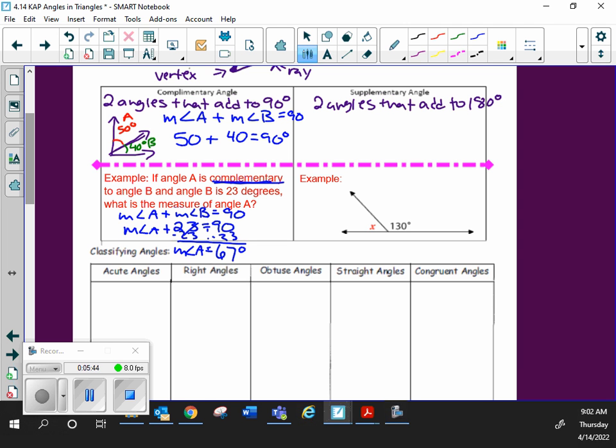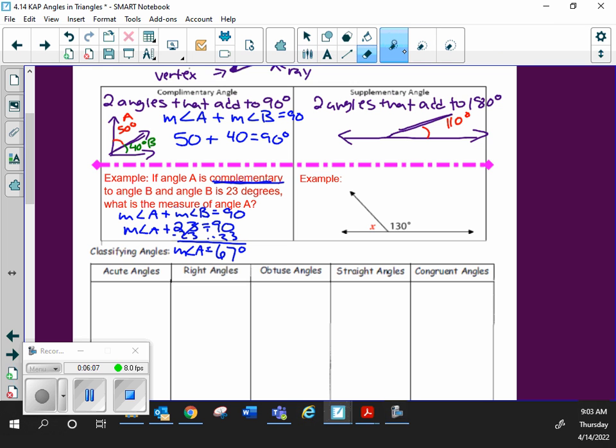Okay, so for example, I might have basically a straight line, and then two angles. Let's say one of them is, someone give me an angle number. 110. Thank you, Miss Lytle. Sorry, this one is 110, and then this one would be 70 degrees.